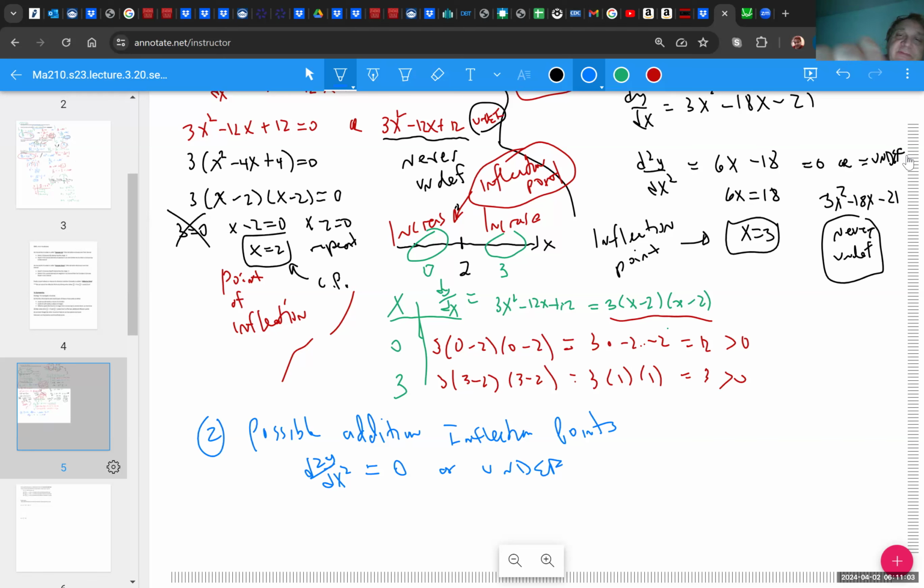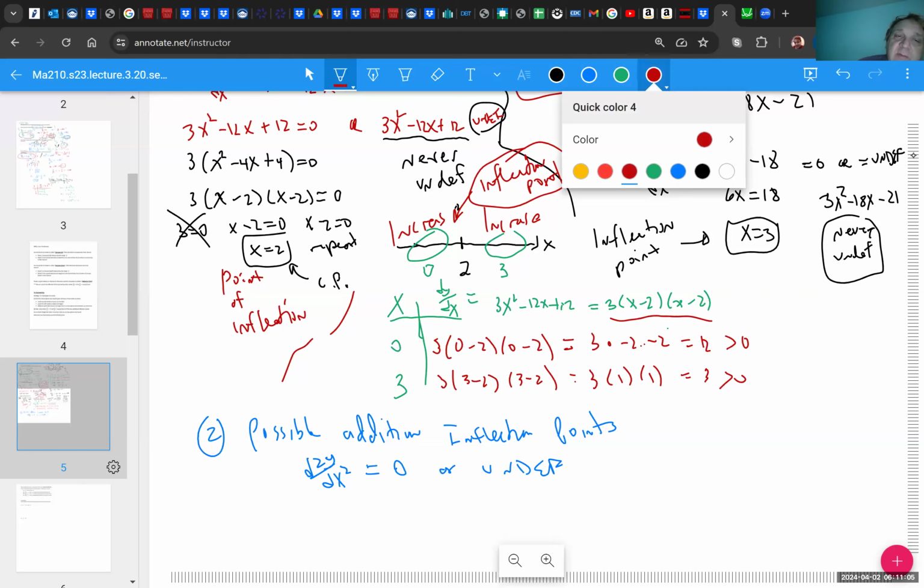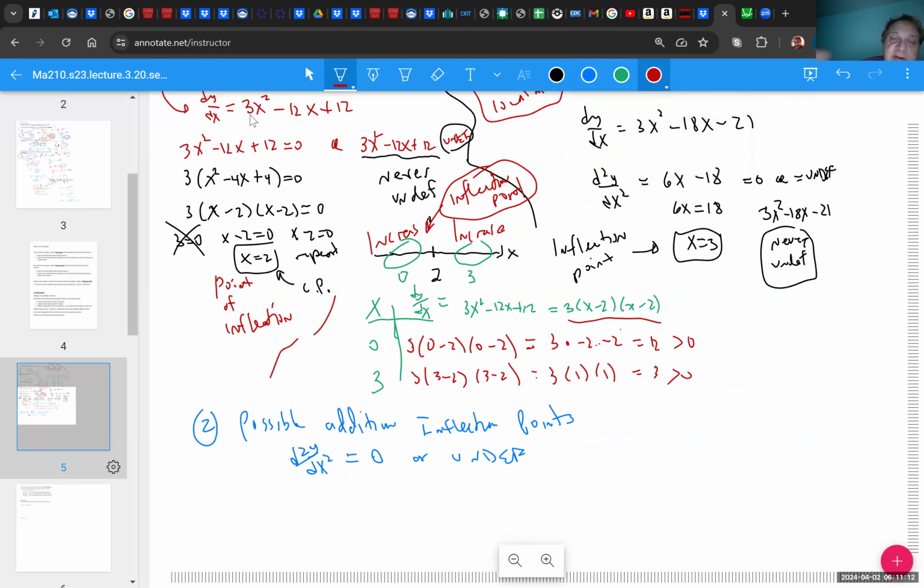So our first derivative from above, well, it's off the screen a little bit. Our first derivative is up here, dy/dx. It's equal to 3x squared minus 12x plus 12. And I'll just differentiate it again to find the second derivative.